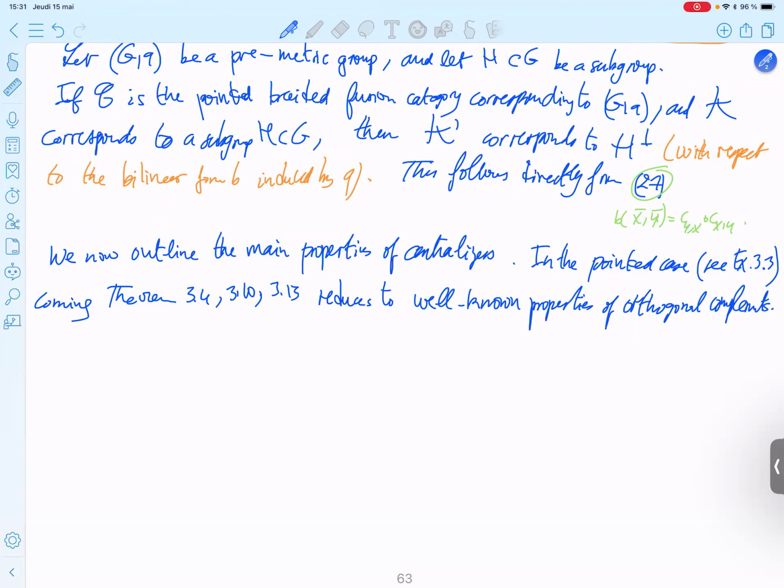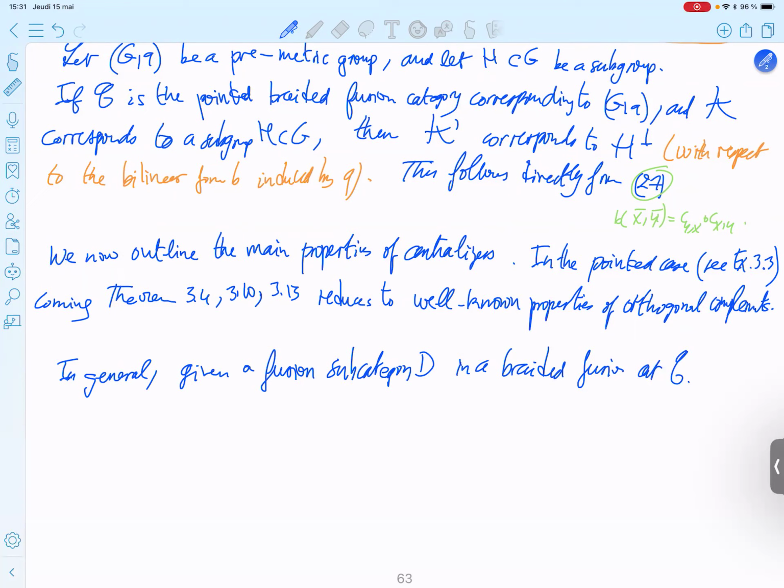So now, in general, given a fusion subcategory D in a braided fusion category C, we will define an equivalence relation on the simple objects of C. So you have D, a fusion subcategory of C. You have the centralizer of D, which is denoted D prime.